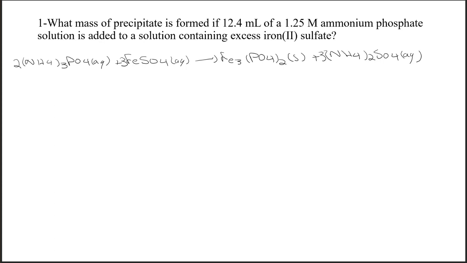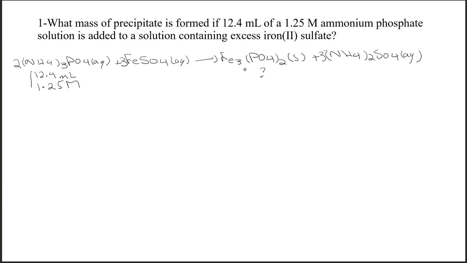Now let's see what's given to us. We have 12.4 milliliters of a 1.25 molar ammonium phosphate. So we have 12.4 milliliters, which is 1.25 molar. And we want to know how much of the precipitate in grams would be formed if we have enough of iron 2 sulfate. So this is the stoichiometry reaction.